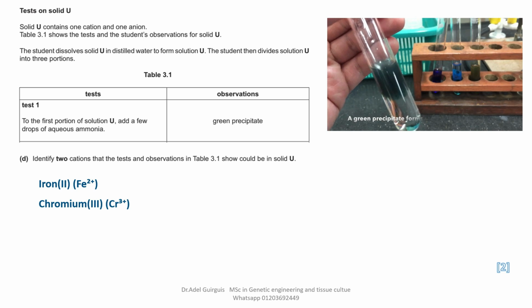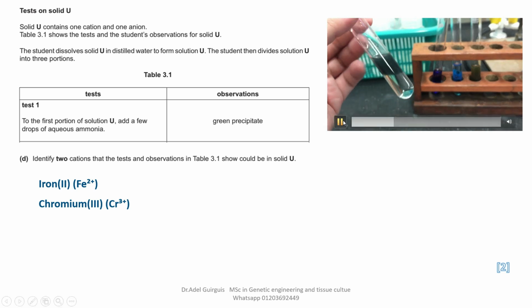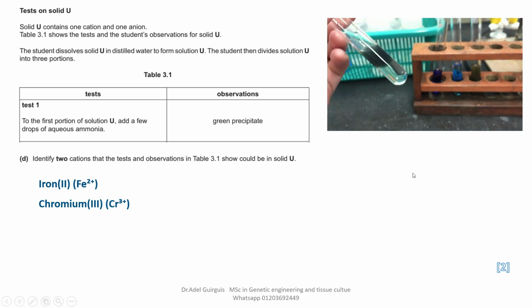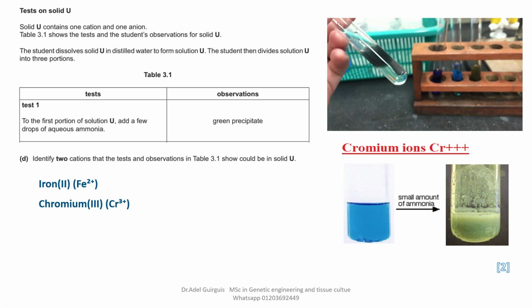What about chromium? A small amount of ammonia added to chromium chloride, for example, any salt containing chromium: a green precipitate is formed also. Both with ammonia form green precipitate.